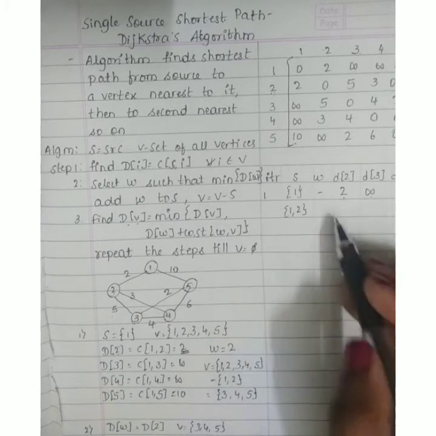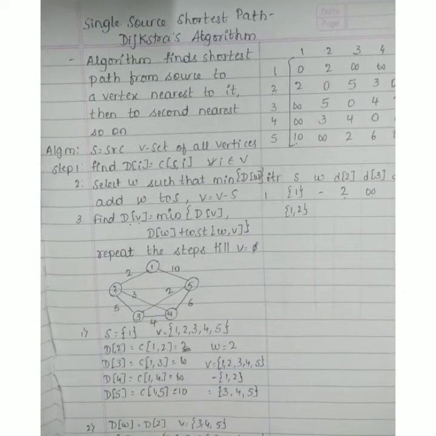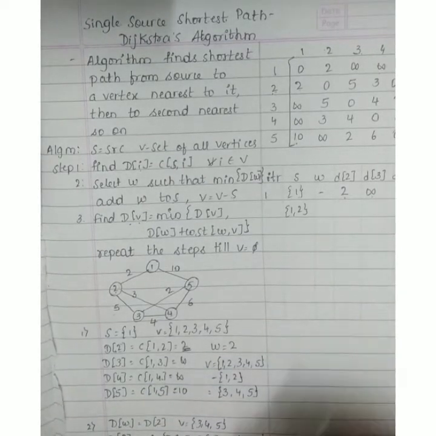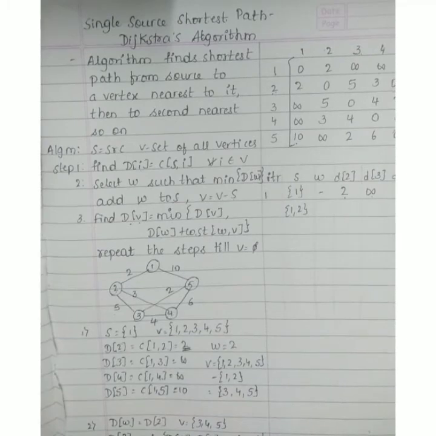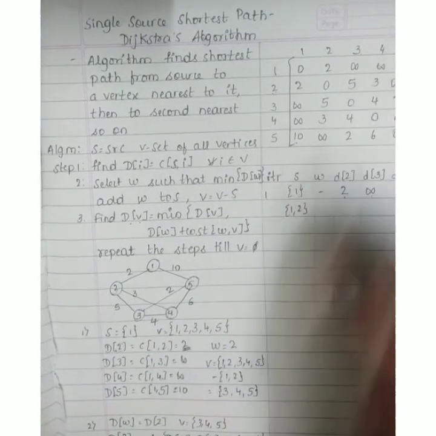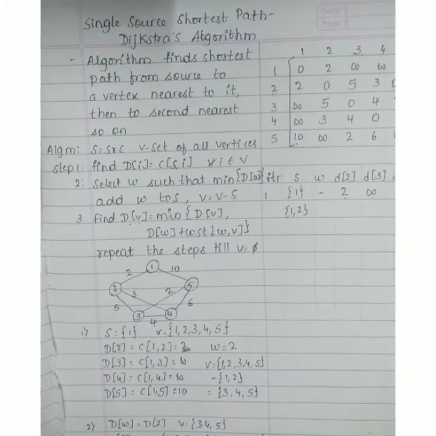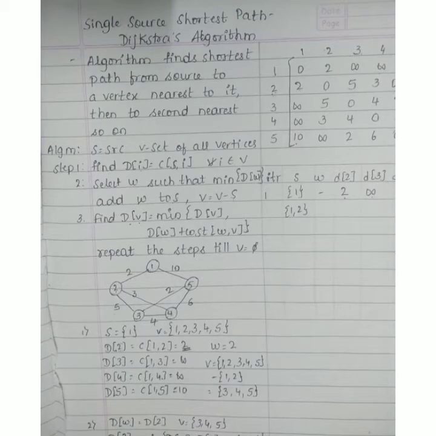From this table we can identify D of 4. D of 4 is infinity. D of 2 is 2 plus cost of 2 to 4. Cost of 2 to 4 is 3. So it is 5.